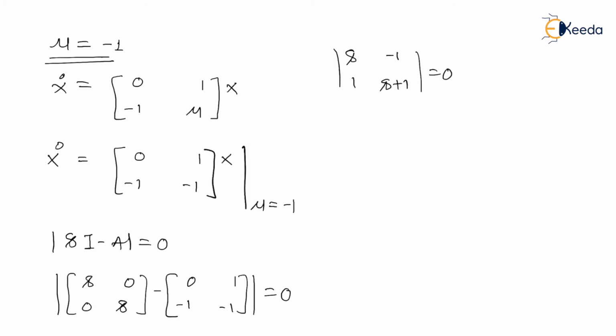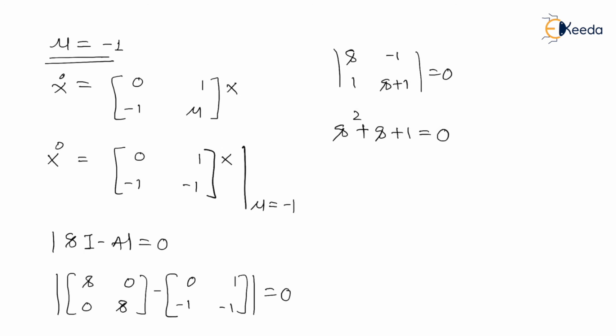If you solve the determinant, it becomes s square plus s plus 1 is equal to 0. So we got the characteristic expression as s square plus s plus 1 equal to 0. So this is the characteristic equation.